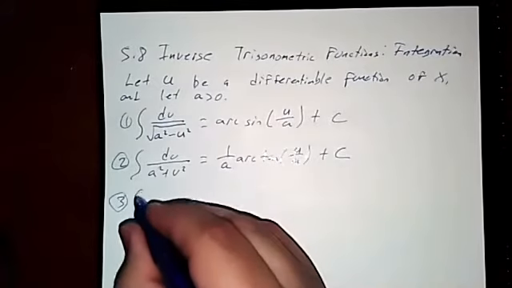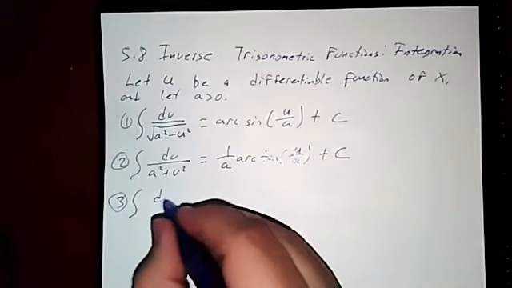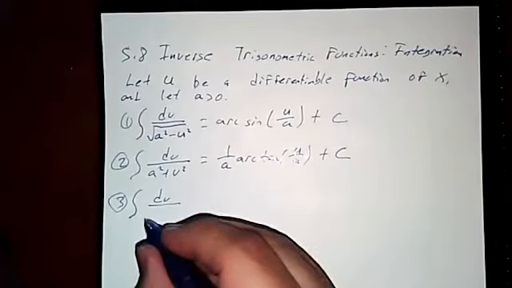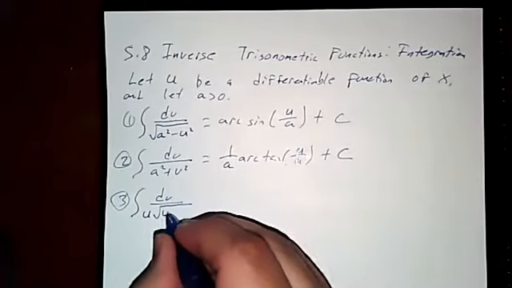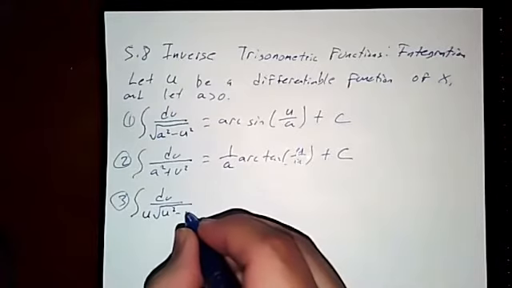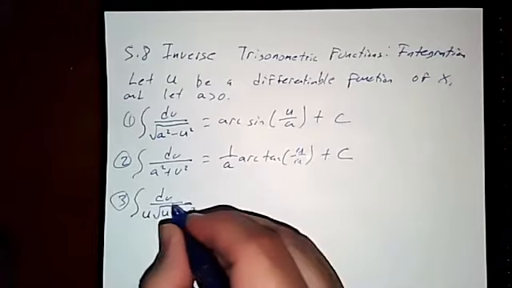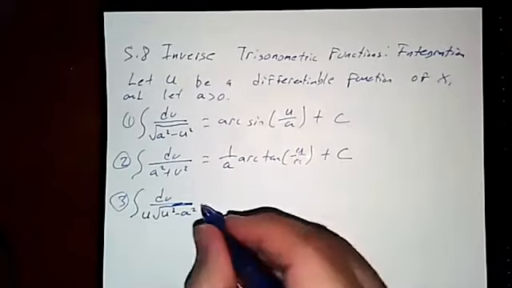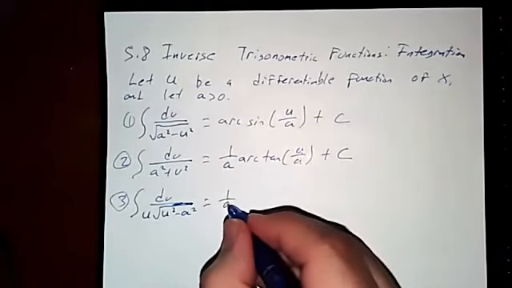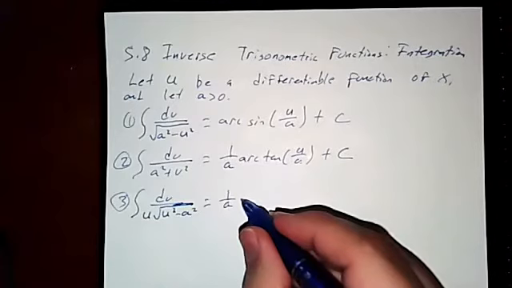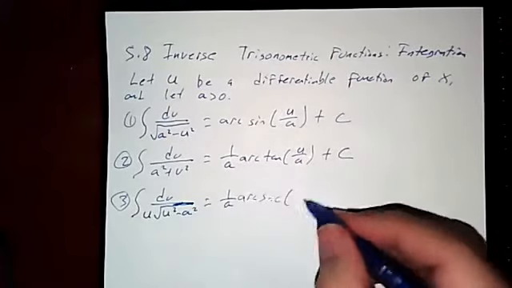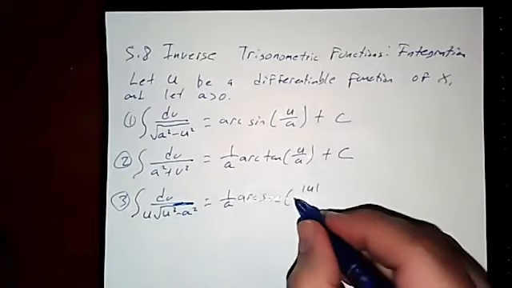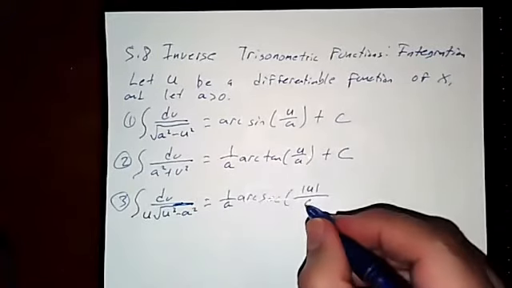Number 3, the integral of du over u square root of u squared minus a squared, that would be the secant: 1 over a arc secant absolute value of u over a.